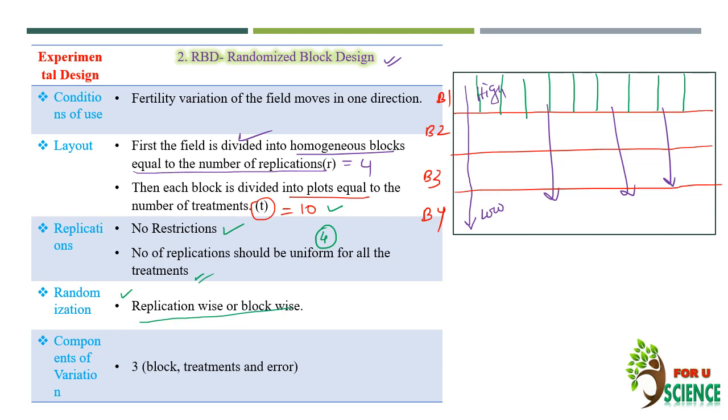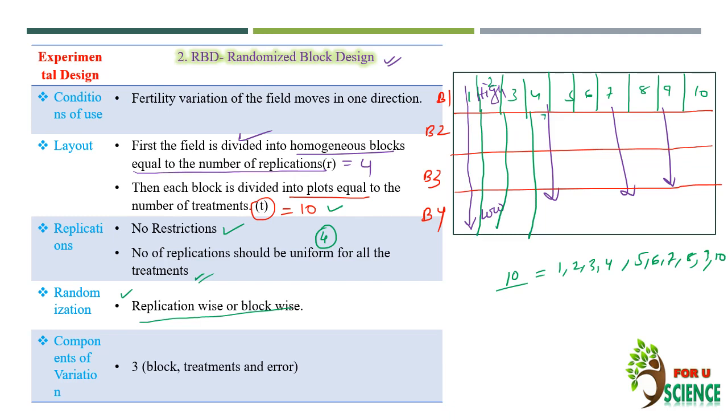That means if we have 10 treatments, 1, 2, 3, 4, 5, 6, 7, 8, 9 and 10, we will write them randomly. In this way we will divide all the blocks, and we will allocate our treatments too.